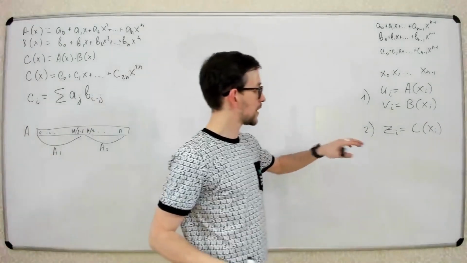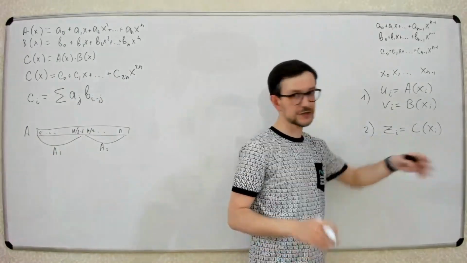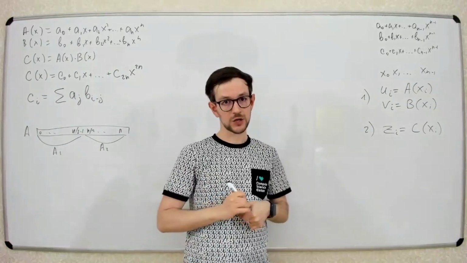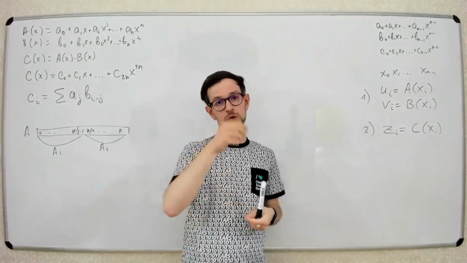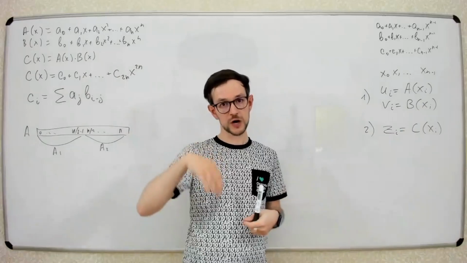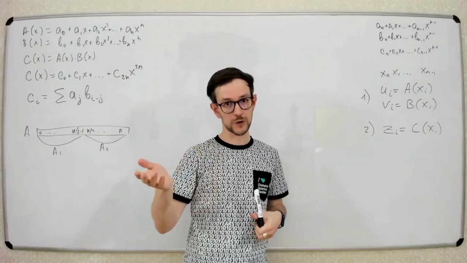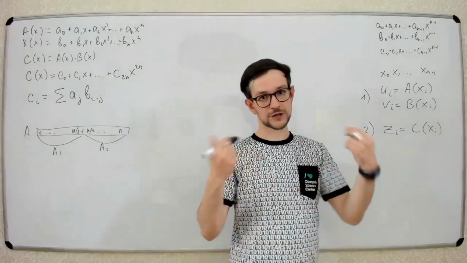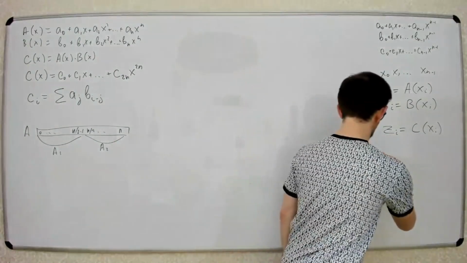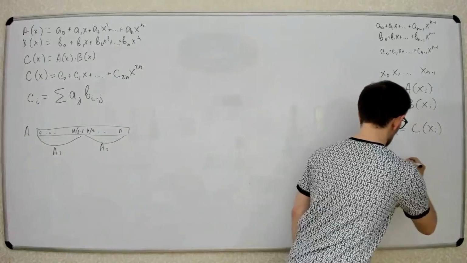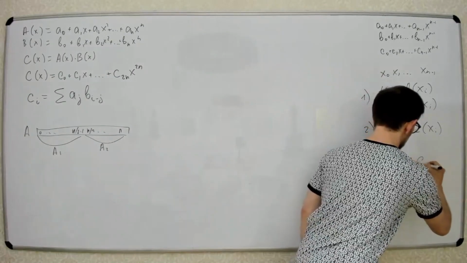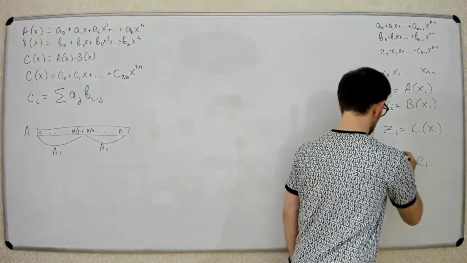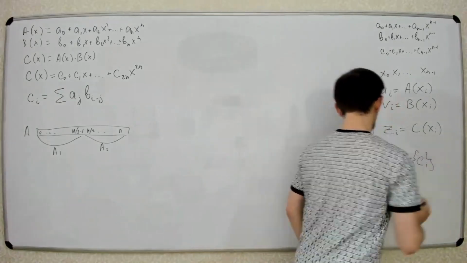Now, when I know the values of polynomial c in some n points, so my polynomial has n coefficients, if you know the values of your polynomial in n points, you can reconstruct your polynomial using some Lagrange interpolation, something like that. So from these values of c, I will reconstruct the coefficients of c.